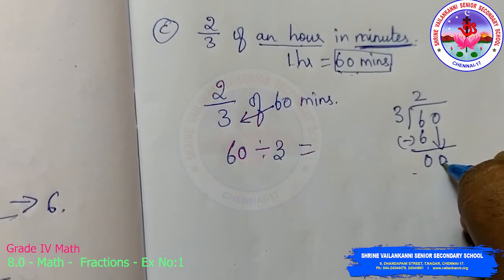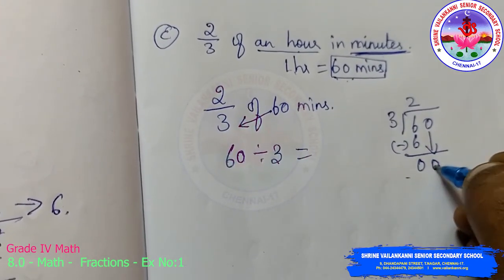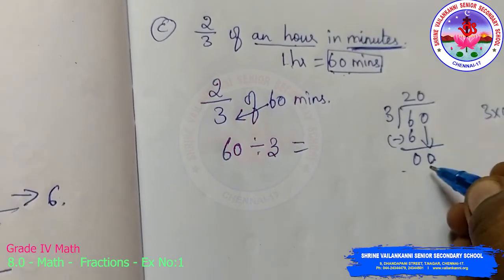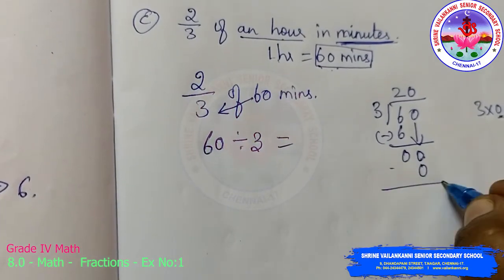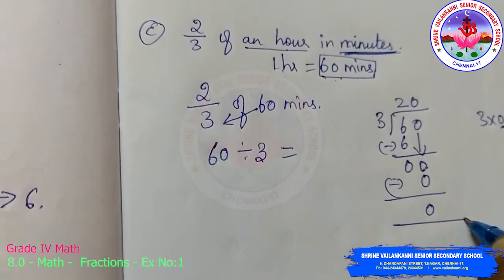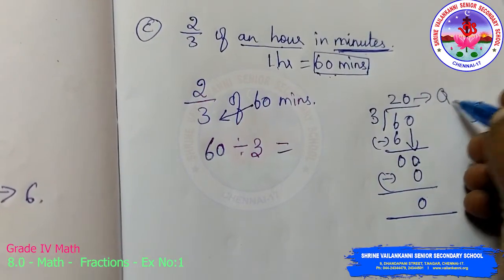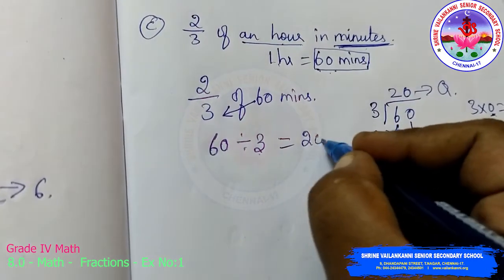This 0 is lesser than 3, so 3 into 0 is 0. 0 minus 0, 0 only. So the quotient is 20. So 60 divided by 3, you will get 20.